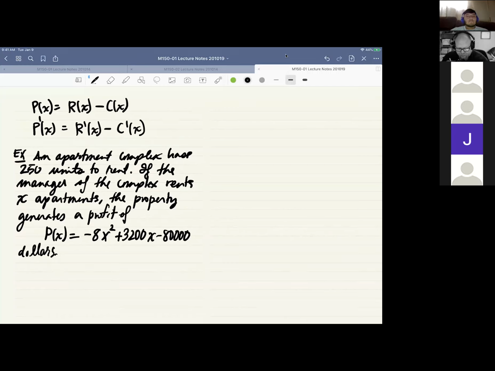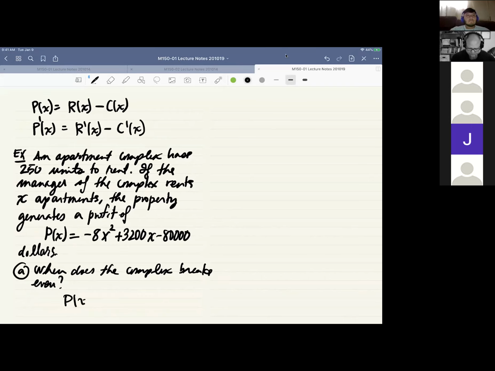So a natural question to ask if you own these apartments is, what are the break-even points for the apartment complex? When does the complex break even? That is, when is its profit zero?